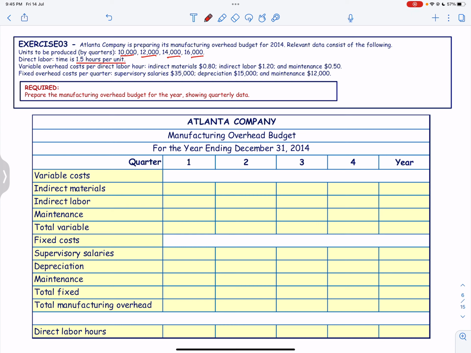Variable overhead costs are per direct labor hour. So that means we have to first of all determine the direct labor hours, and this is 1.5 hours per unit. So we have 10,000 units, so 1.5 times 10,000 is 15,000. 1.5 times 12,000 is 18,000.